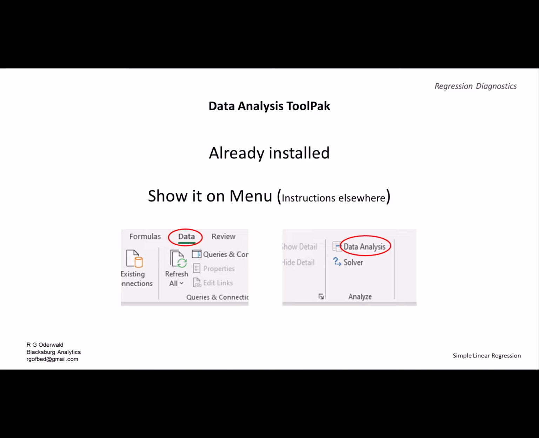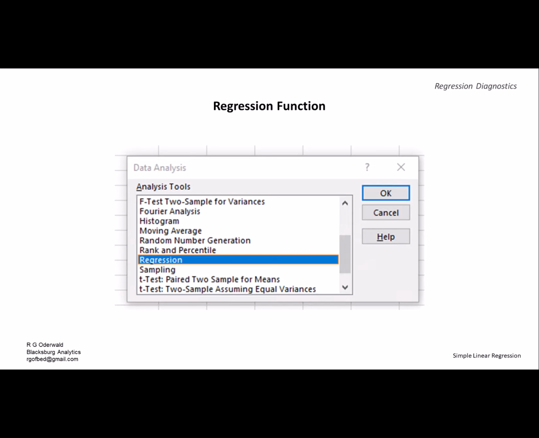When the analysis tool pack is activated, Data Analysis will appear in the upper right-hand corner of the Data menu tab. Click on Data Analysis to go to the Analysis menu. Scroll down and select the regression function.